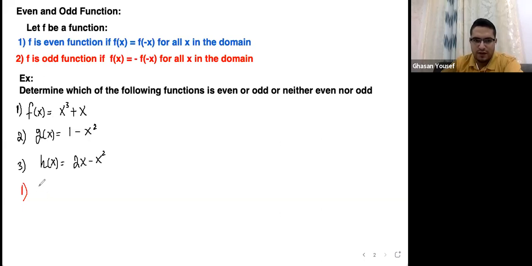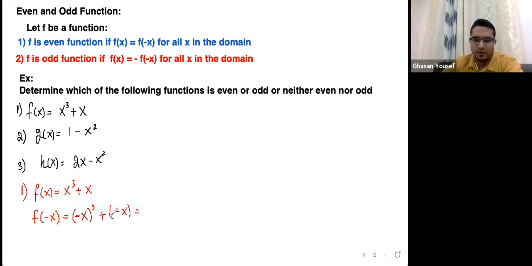So for the first one, let's check. You have to write f of x equals x cubed plus x, and you have to write here f of minus x. This means you have to plug the minus x inside the function. So here I get minus x to the power 3 plus minus x.